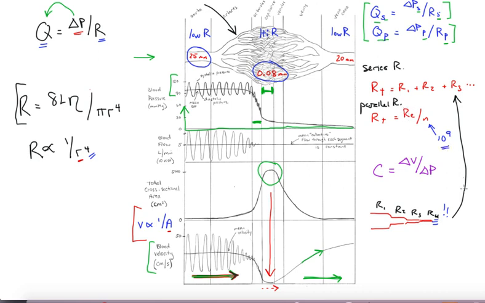We're going to divide it by a gigantic number, right? And if we divide a very large number by an even bigger number, guess what happens to our R total? It falls, right?